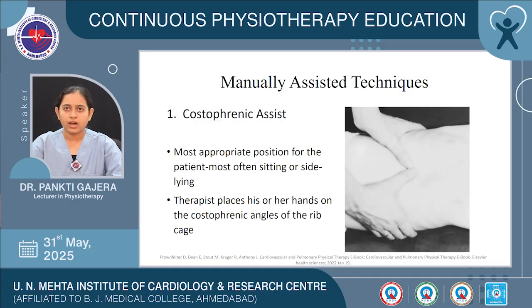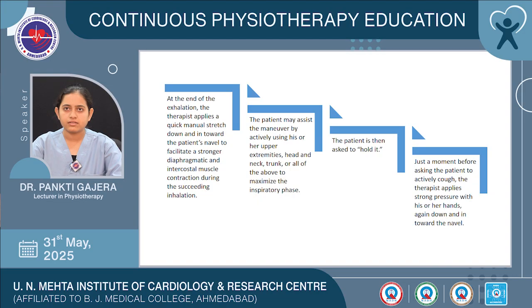Both the thumbs are at costophrenic angle. So procedure is, at the end of exhalation, after the patient does exhalation, the therapist applies quick manual stretch down and in toward patient's navel to facilitate stronger diaphragmatic and intercostal muscle contraction during the succeeding inhalation.